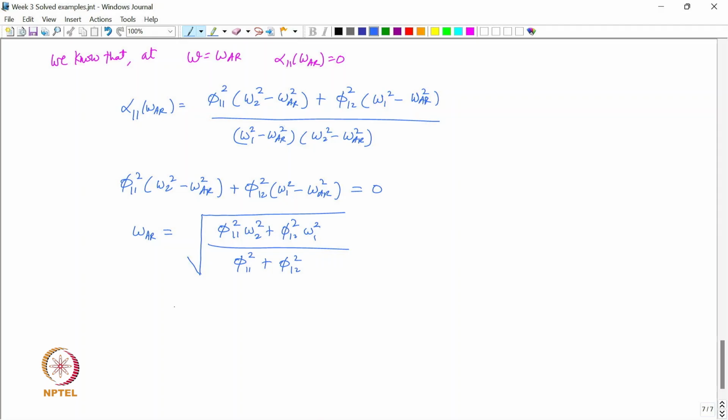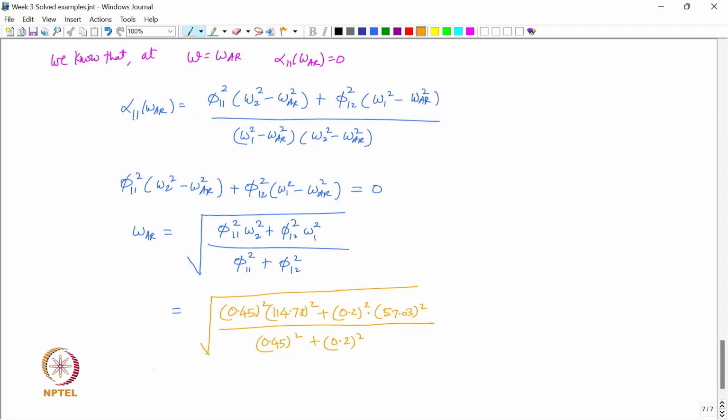So, that becomes a closed form expression for omega ar, right, and then we can substitute all the required quantities here. For example, I can now say that phi 1 1 is equal to 0.45, so 0.45 square, omega 2 is 114.78, so 114.78 square, right, plus phi 1 2 is 0.2, so 0.2 square into 57.03 square, divided by 0.45 square plus 0.2 square, right.